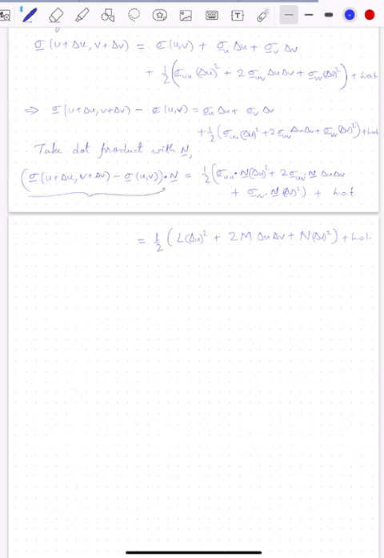So the deviation is proportional to the terms in second order in delta u and delta v, right? And here we have introduced 3 new terms, where L is equal to sigma uu dot n, m is equal to sigma uv dot n, and n is equal to sigma vv dot n. These are the 3 terms that we have here.